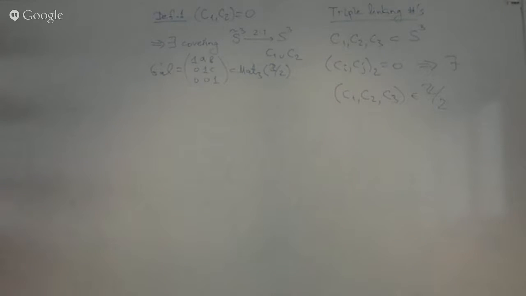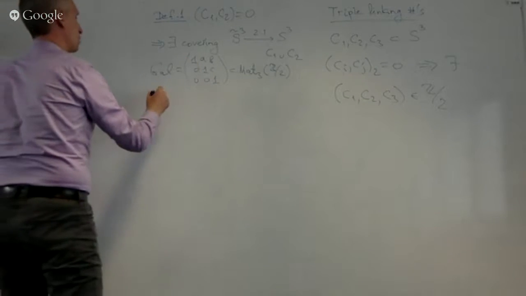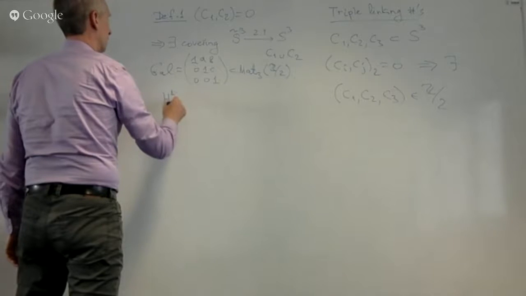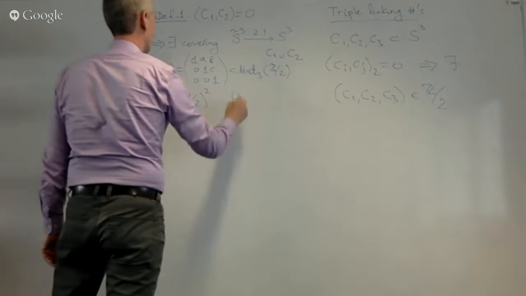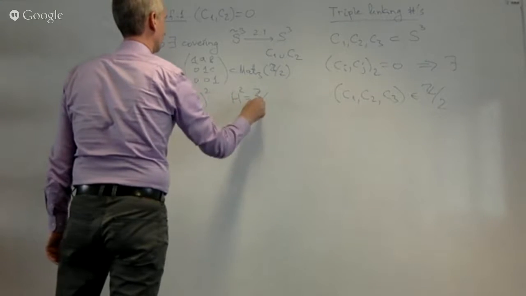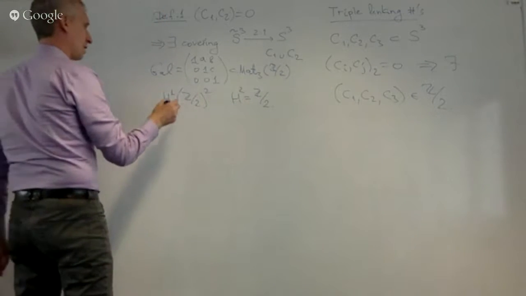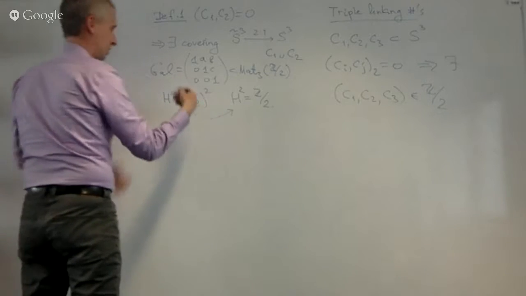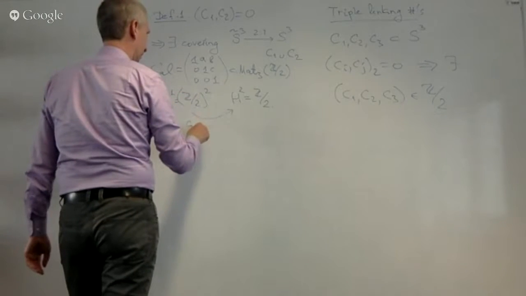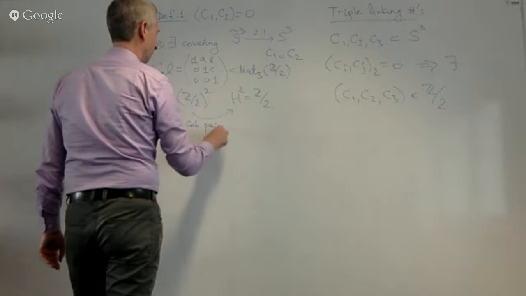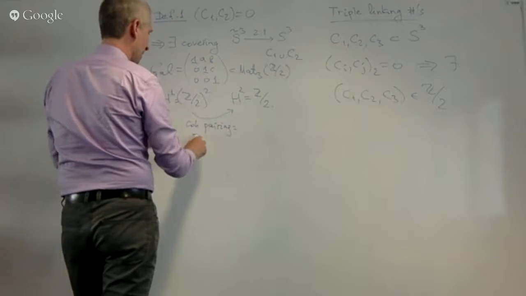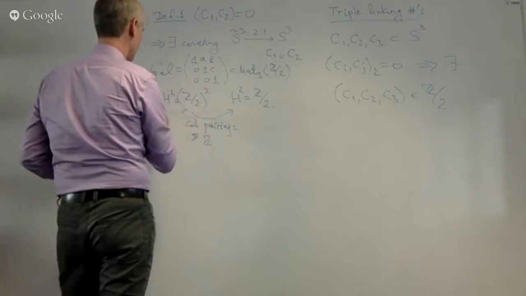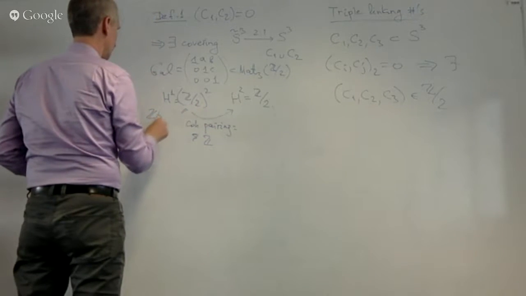This group has H1 equal to Z2 squared, and H2 is Z2. The cohomological pairing here is the multiplication. It is the symplectic form, the pairing Z2 plus Z2 to Z2.